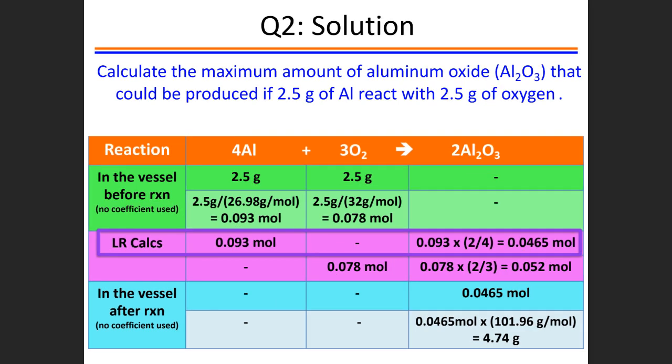We have 2 moles of aluminum, so 27 times 2 plus 16 times 3. If we count, you will find 101.96 gram for 1 mole. So we have this amount of mole, so we will find the final gram amount that we get for this mole. So this is the answer for this particular reaction.